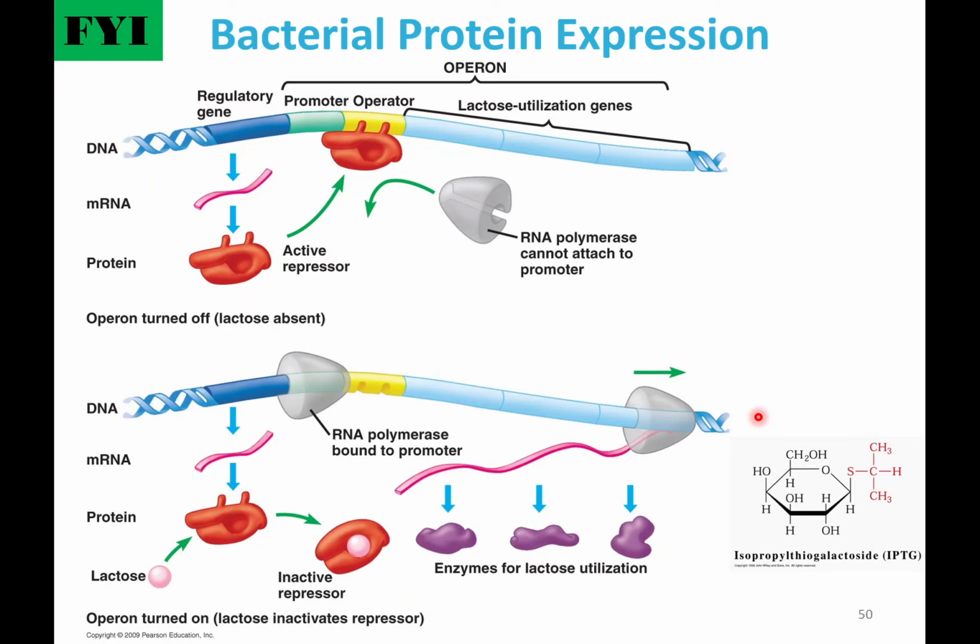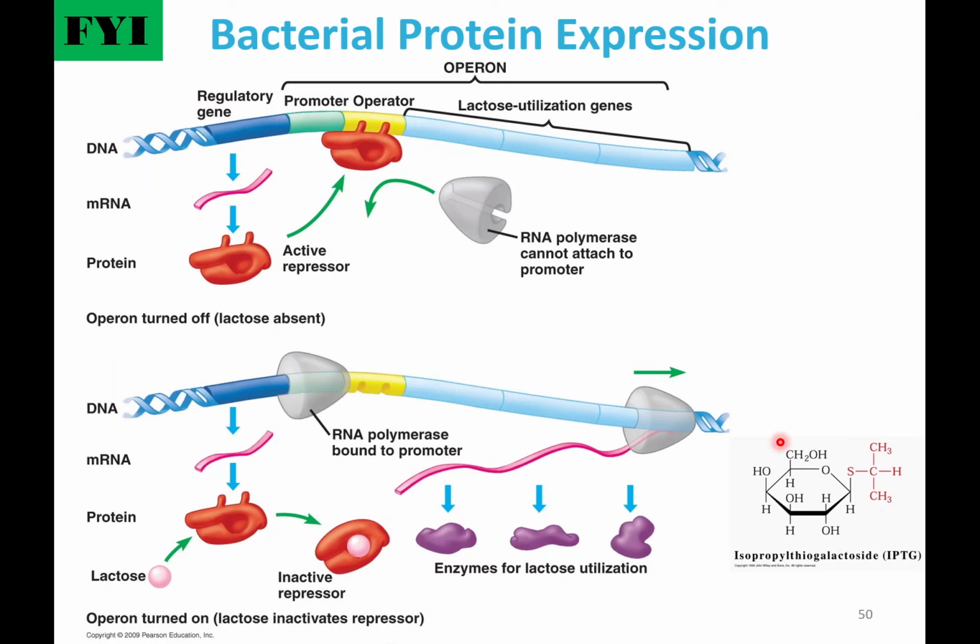Okay. If, instead of putting genes that utilize lactose, you put a specific gene you want to overexpress in a bacteria cell, you can grow the cells up to a very high number, and then turn on the expression of that gene by putting in a lactose analog, something like IPTG, that will bind to that repressor and also does not get metabolized by the cell.